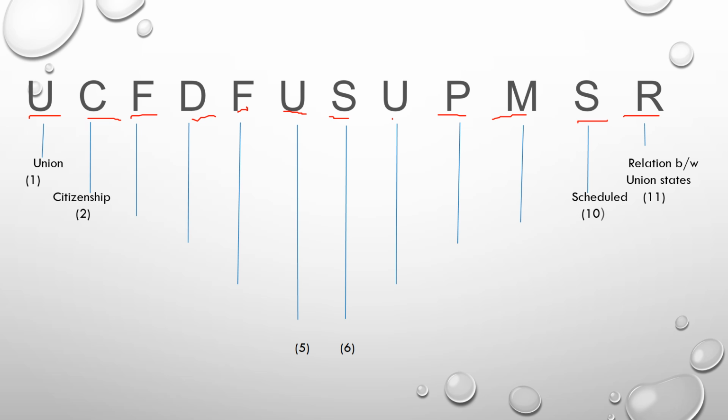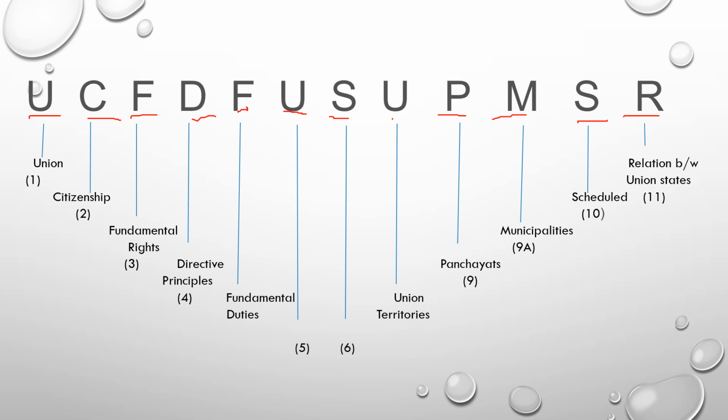C is citizenship. It is the second part. F represents the fundamental rights. It is the third part. D is directive principles. It is the fourth part. And there is an exception in the fourth part, that is F. It is fundamental duties. It is 4A part of Indian Constitution.